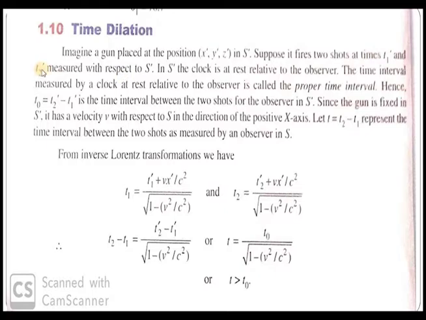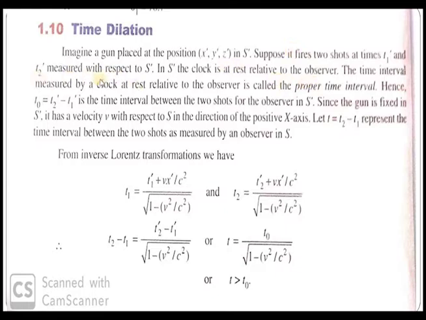In the S prime frame, the clock is at rest relative to the observer. But the S prime frame is moving with the velocity v with respect to the S frame.